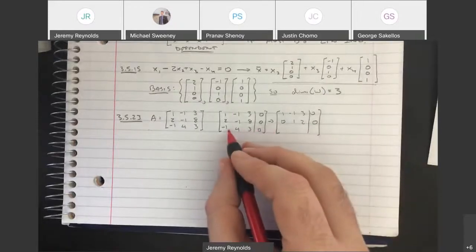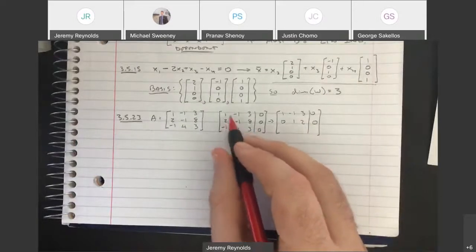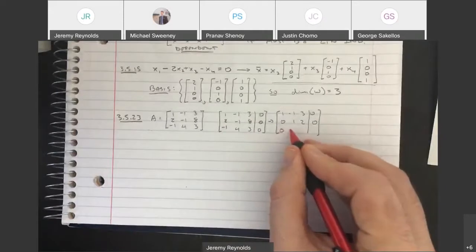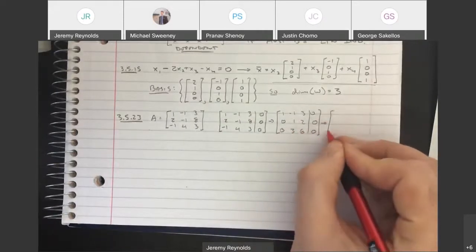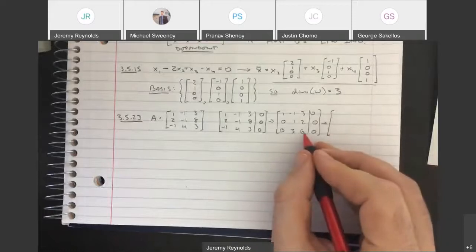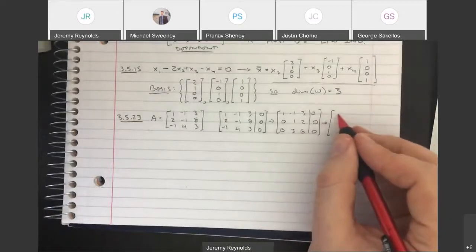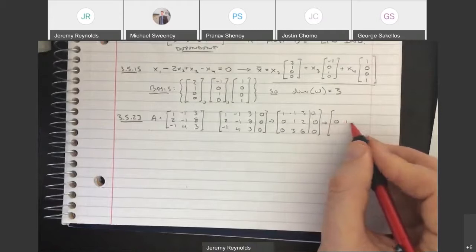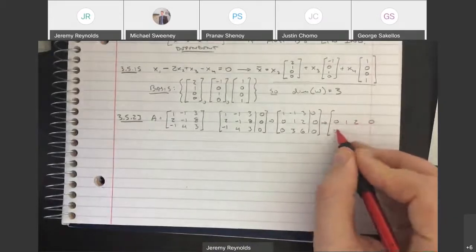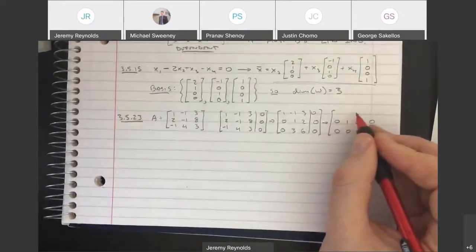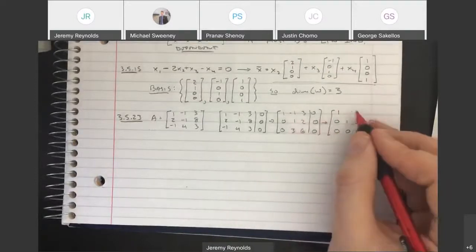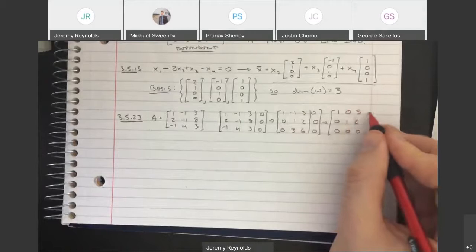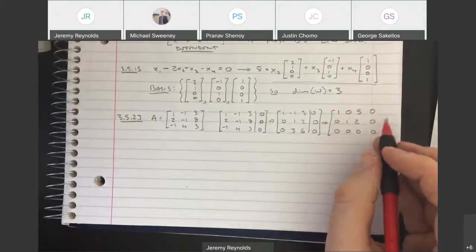The bottom row plus the top row is just going to be 0, 3, 6, 0. We can see that this third row is going to delete from the second row, so we can write it out as 0, 1, 2, 0, 0, 0, 0, 0. And the top row plus the second row gives 1, 0, 5, 0.